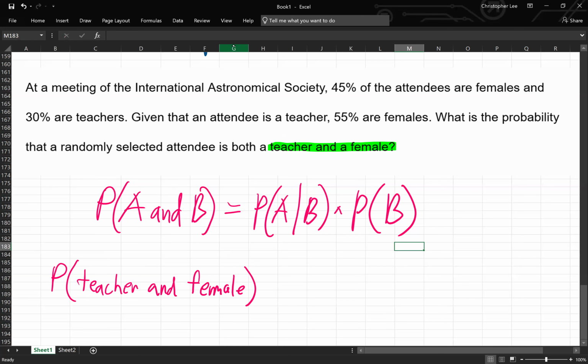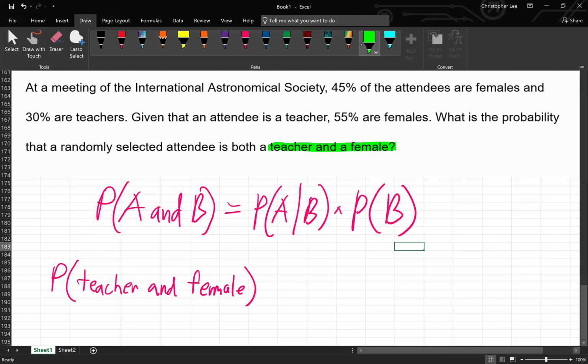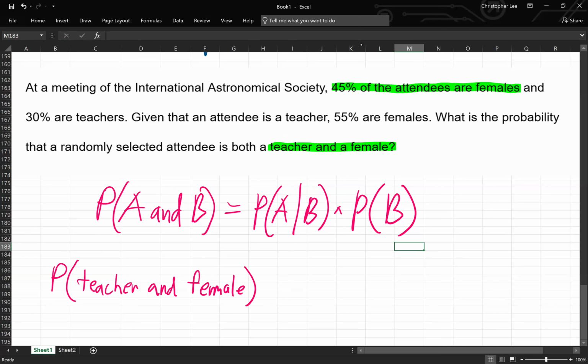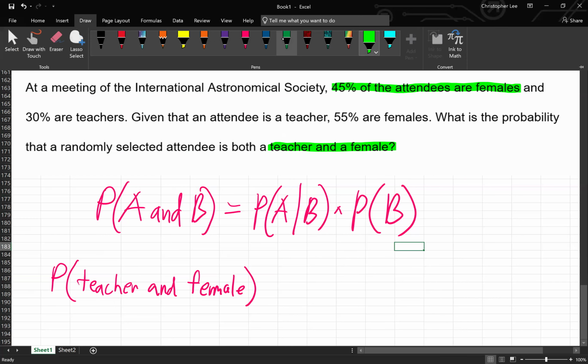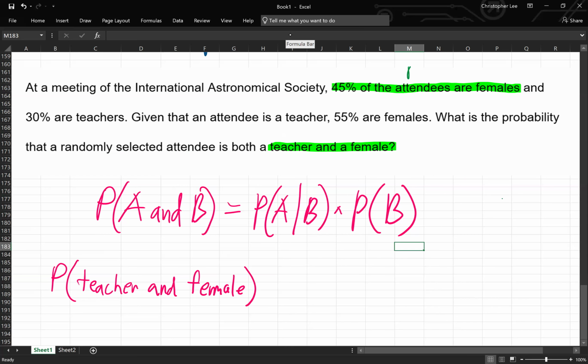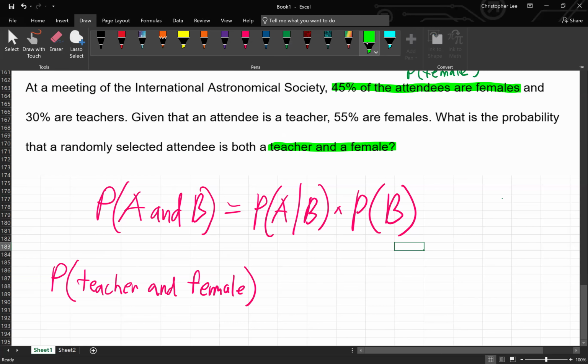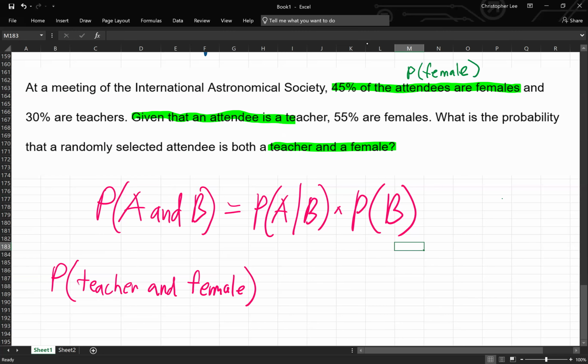Now let's check out what we have real quick. So 45% of the attendees are female, right? So what does that mean? This is going to be the probability of female. And then check this next one right here. Given that an attendee is a teacher, 55% are female.